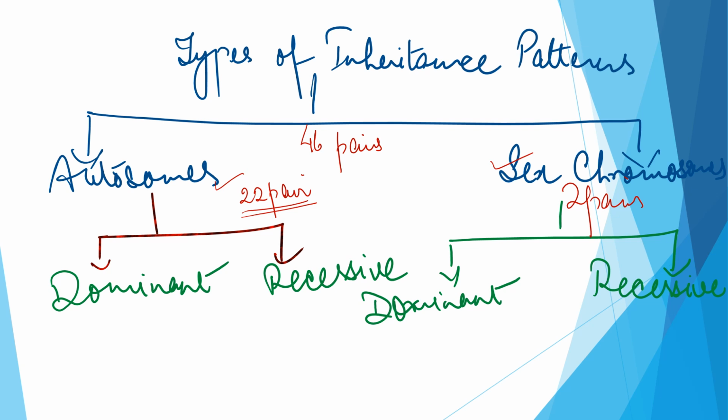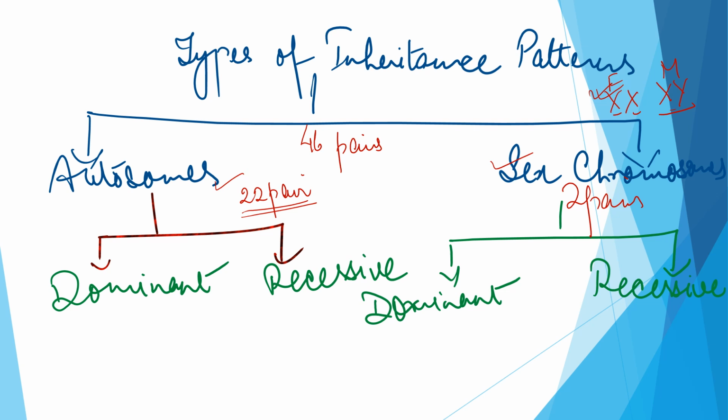And in sex chromosomes, we know that XX is in female and XY is in male. If anyone is having a disease-causing gene on the X, they will have an X-linked disorder.